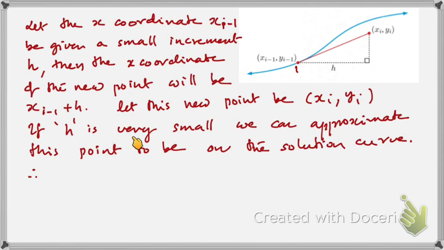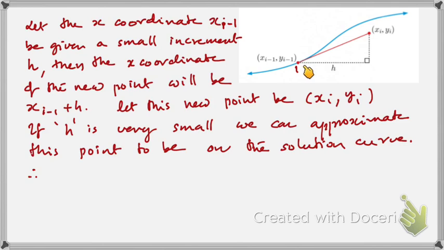That's why we say if h is very small, we can approximate that this new point xi, yi, which you see here far off, if it is very close to the initial point, will be almost on the solution curve.